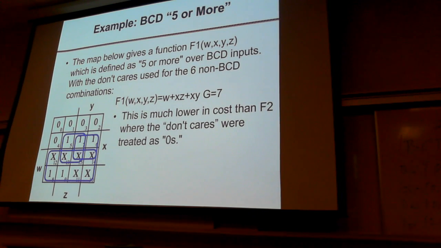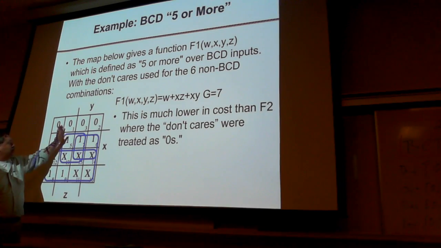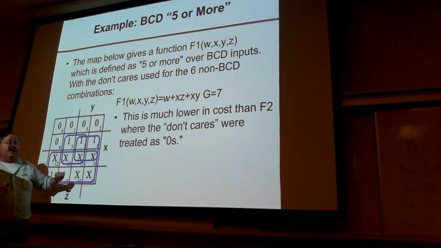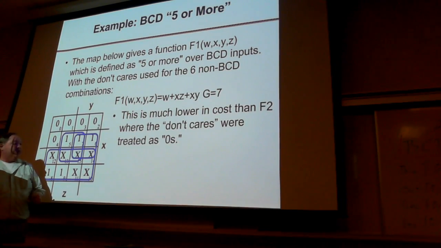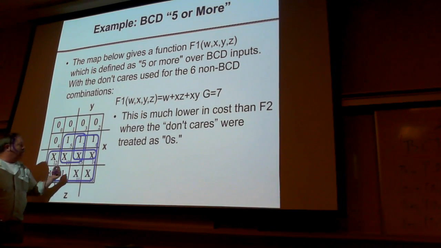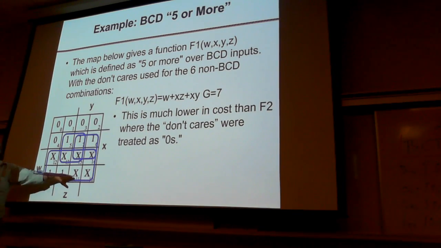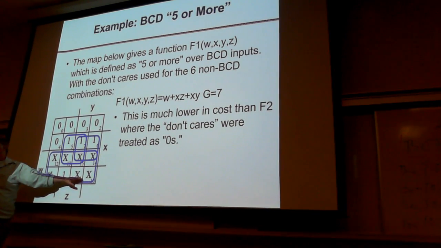This optimization recognizes, by using the properties of these K-maps, that look at those pairwise requirements, creating functions that generate exactly what I want, and then being able to ignore outputs that I don't care about, enables me, when I'm drawing my prime implicants, to go ahead and include them or not.